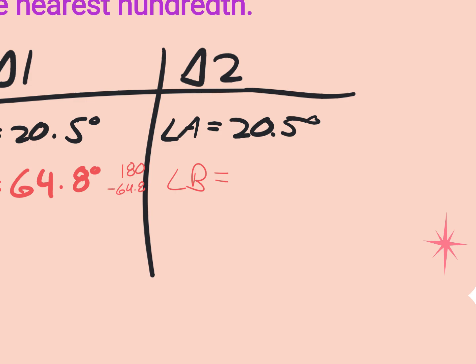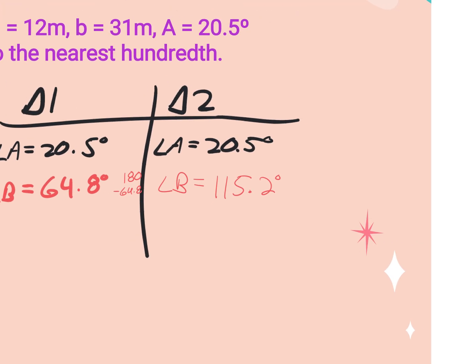What do we got? 115.2. Okay, and then what did we do here to see if it was a valid answer? Good, right? Add A and B and see if it gets you a number that's less than 180.